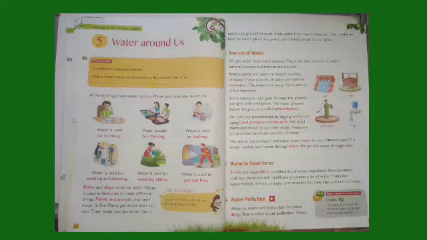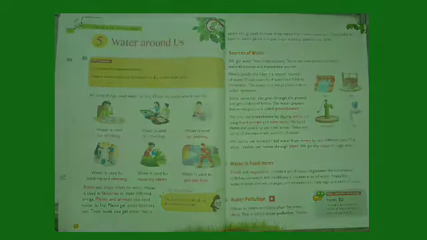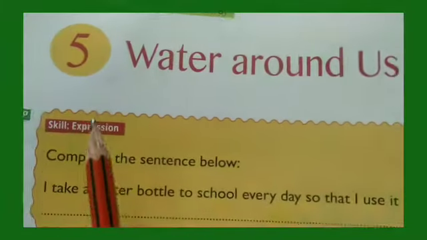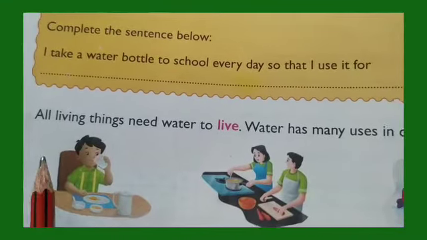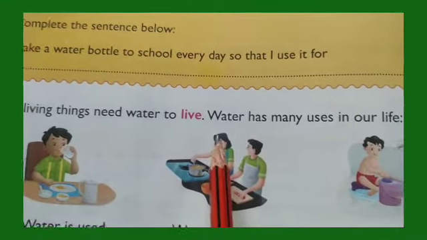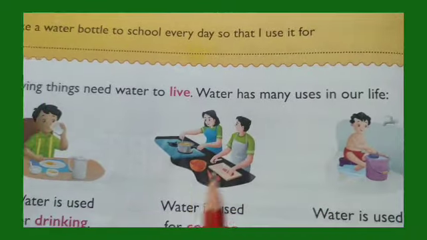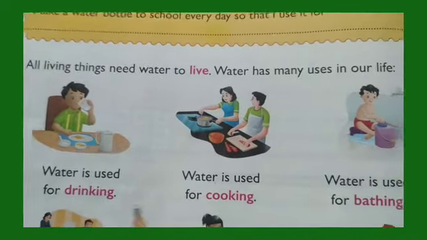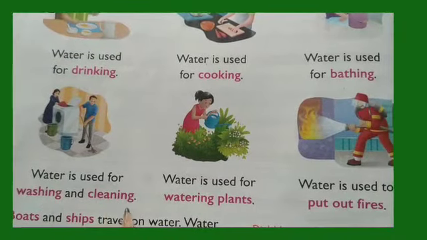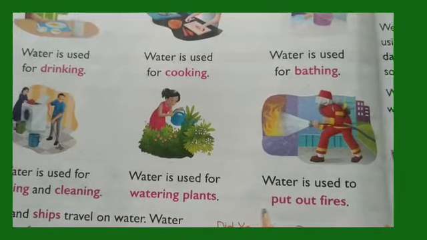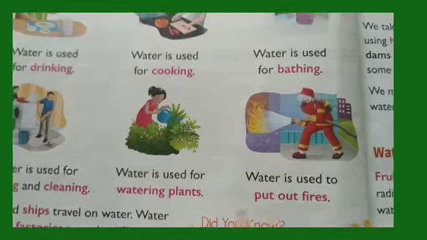I'll just read the chapter up to water in food items, right? So take out your EVS book, chapter 5. Now, water around us. So, all living things need water to live. Water has many uses in our life, like drinking, cooking, bathing, washing and cleaning, watering plants, and also water is used to put out fires.